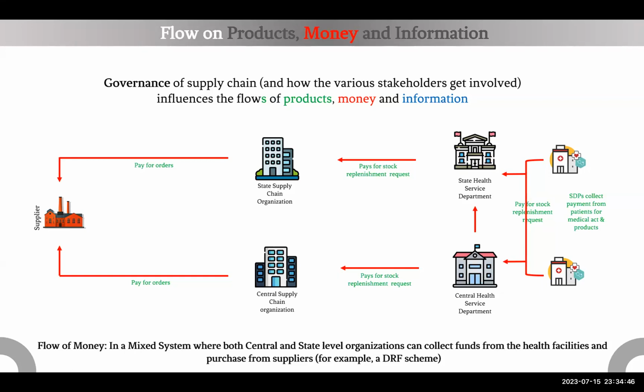In this case, the money goes from the pocket of the patient into the pool, which is accessed by the state and central level for purchasing more products from the supplier. So this is a way to see how the flow of money happens in a mixed structure.